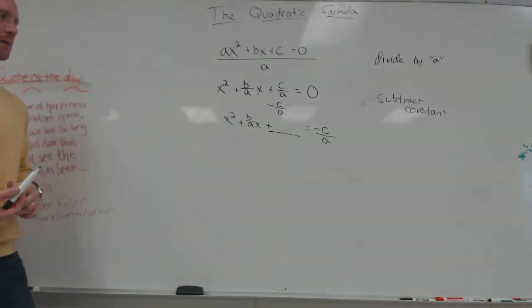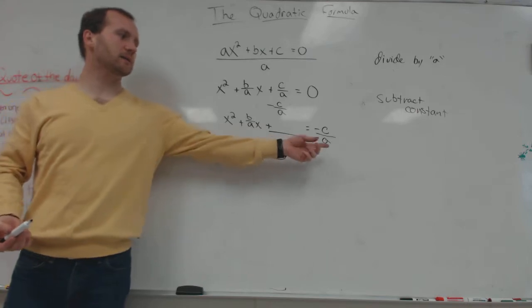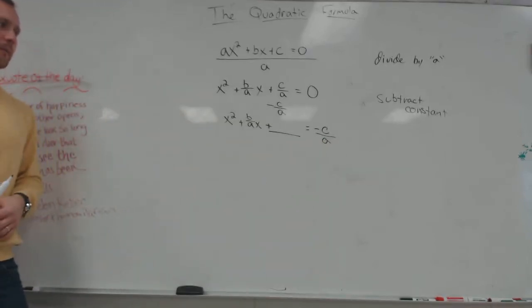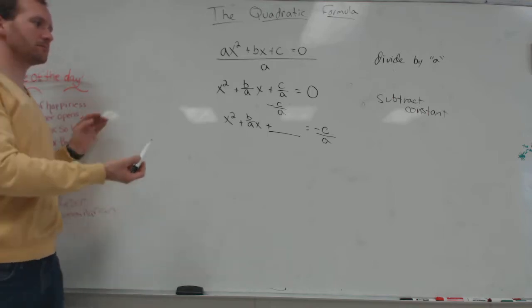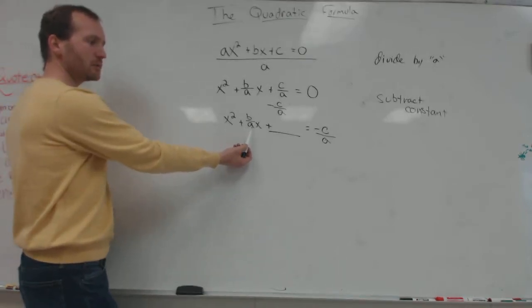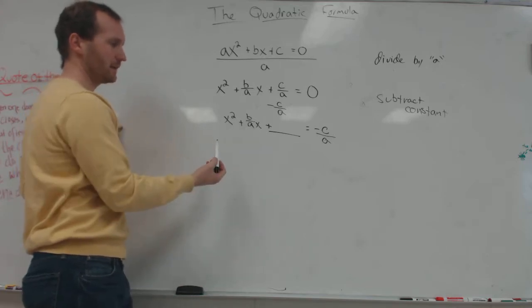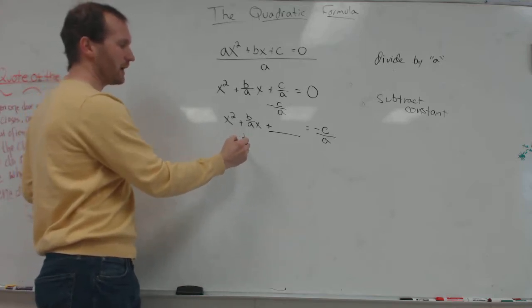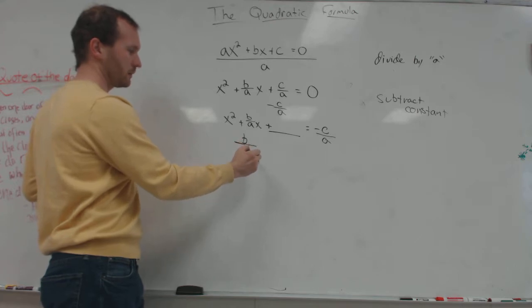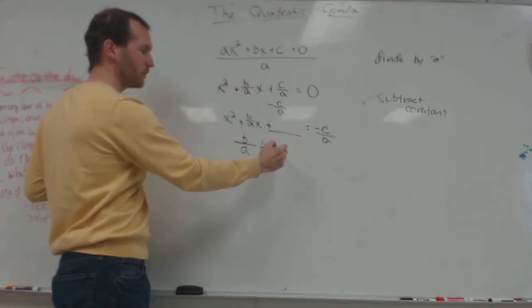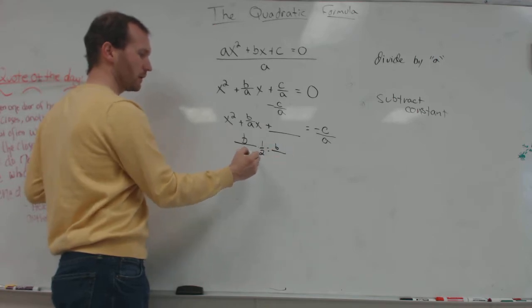What do I need to add to both sides? How do I complete the square? We look at this term here. So we have b over a. What is half of b over a? b over a times a half, that would be b over 2a.